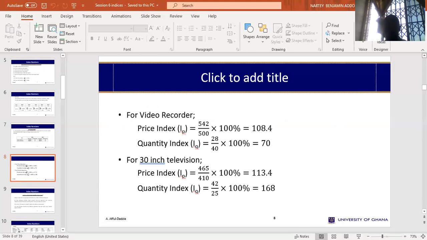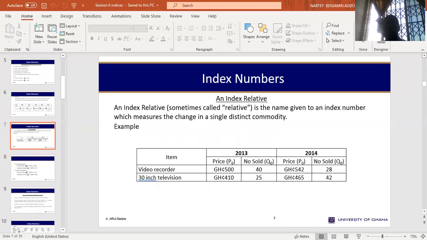So when you look at the table, 542 is the current year over the 500, which is the base year, and that's for the price relative. Quantity relative is 28 over 40, and that will be 70.